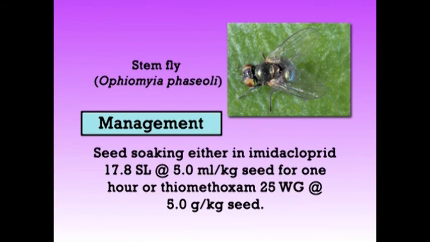This can also be managed by soaking of seeds either in imidacloprid 17.8 SL at the rate of 5 ml per kg of seeds for 1 hour or thiamethoxam 25 WG at the rate of 5 gram per kg of seeds.